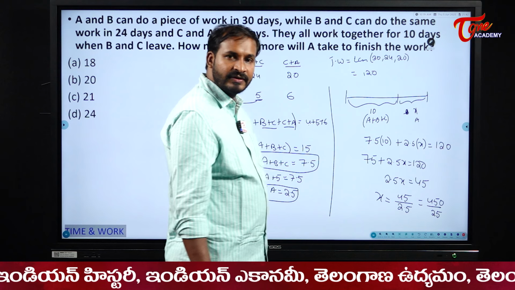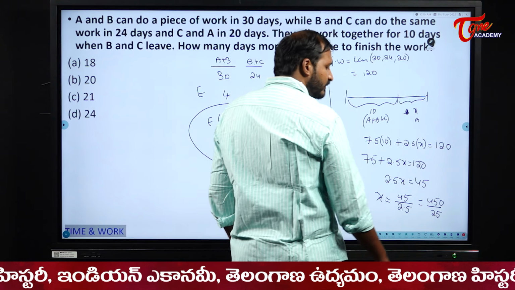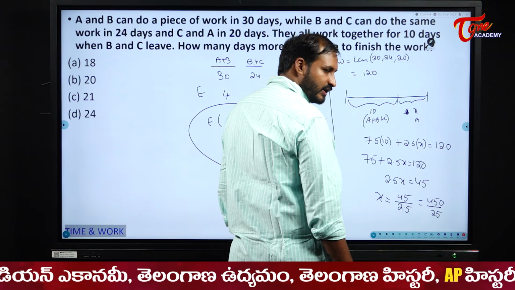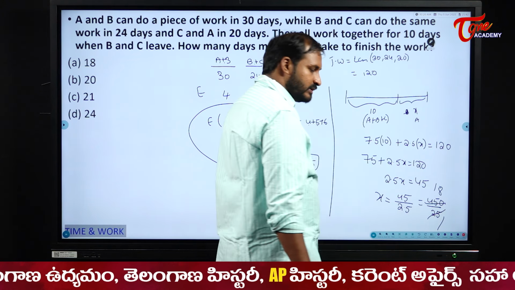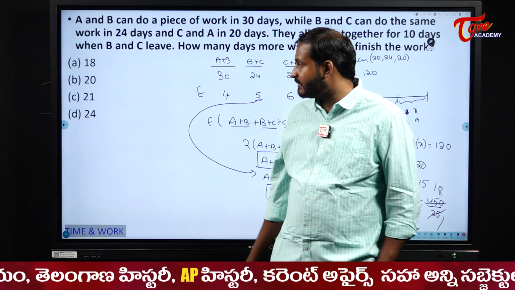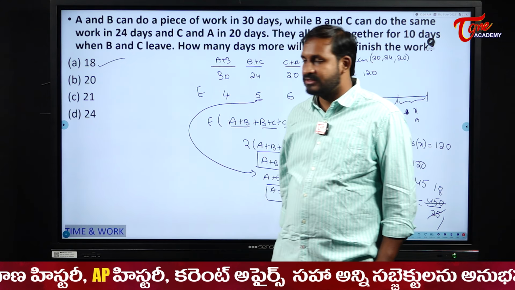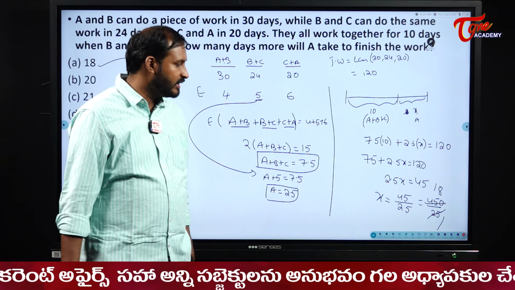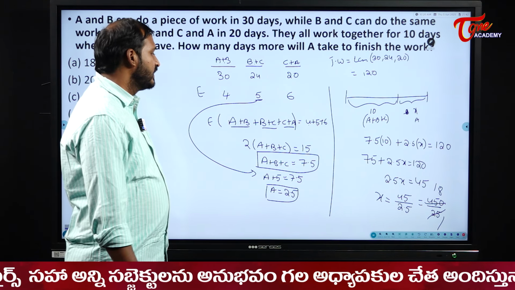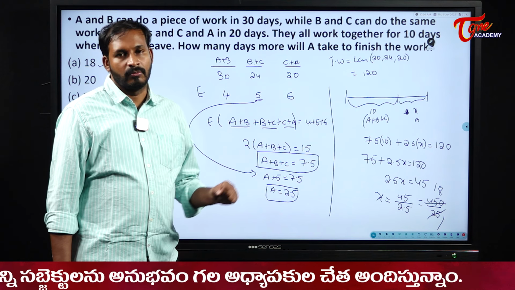Can I write it as 450 by 25? Now cancel it. You can go with the 5 table or with the 25 table, it is up to you. 25 ones are 25, 25 eights are 200, so it is 18. So the remaining work will be finished by A in 18 days. This is how we need to solve the problems.